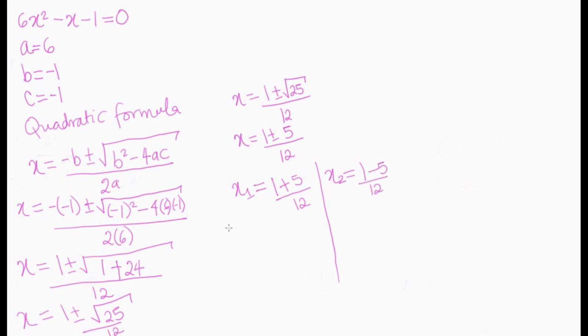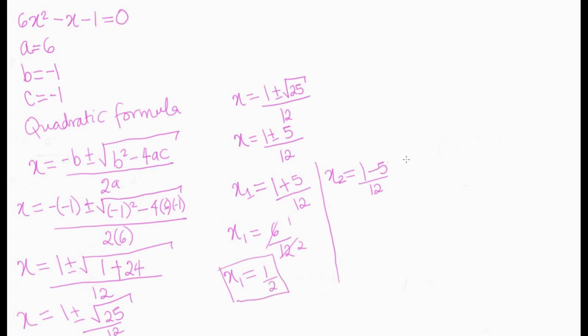So now we solve. x sub 1 is 1 plus 5, which is 6 over 12, and 6 over 12 simplifies, 6 divided by 6 is 1, 12 divided by 6 is 2, so 1 over 2. So that's the answer for x sub 1.